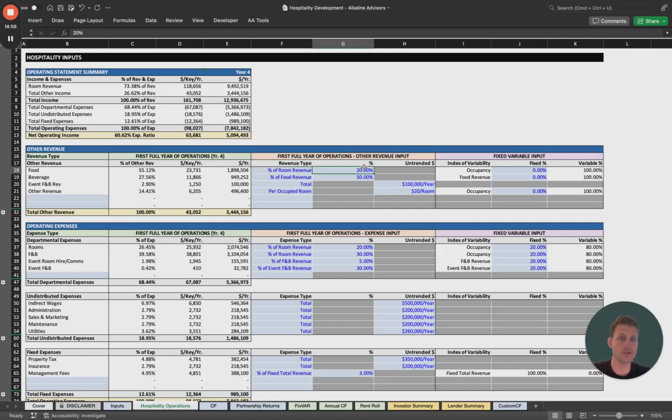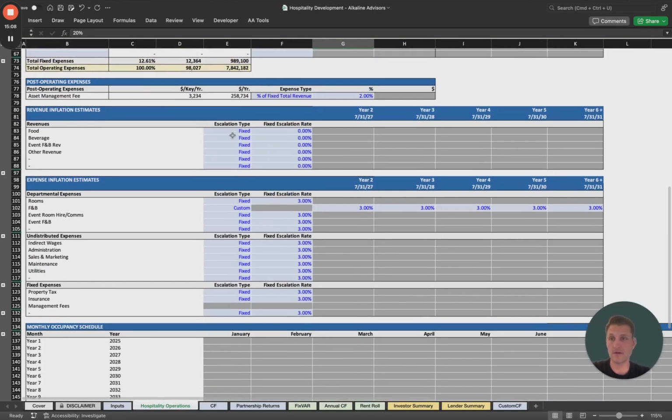So if we say it's going to be 20% of room revenue, we're saying at time 0, it'll be 20% of room revenue. And then as we can either say, if you go down here, what the revenue inflation estimates are, we can say it's always going to be 20% of room revenue leading up to the first full year of operations, or it'll grow at a percentage every year.